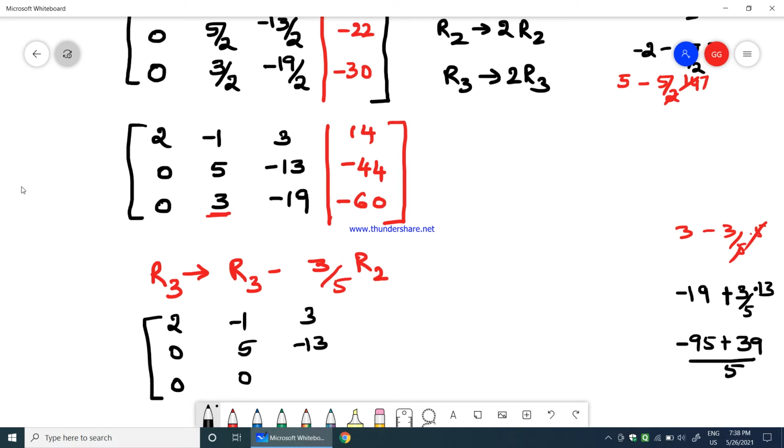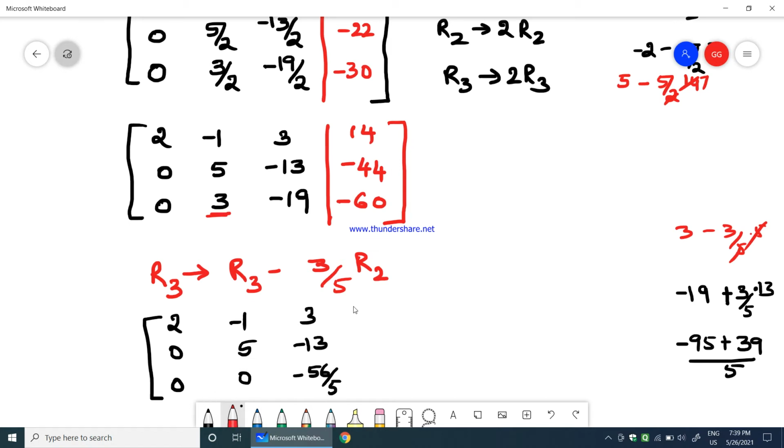So what do I get? 39 minus 95 would be equal to minus 56 by 5. I get minus 56 by 5.